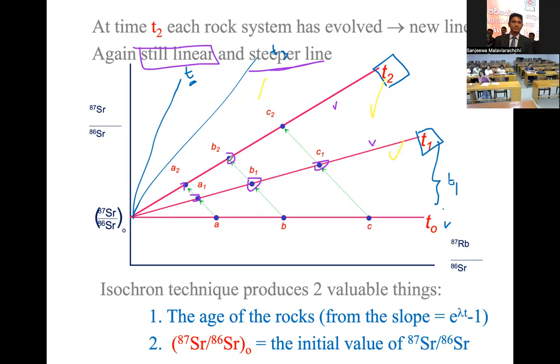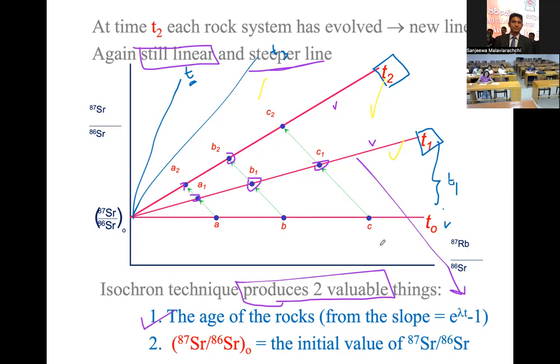So the essence of this technique is you are getting two valuable things out from this isochron technique. What? Number one is the age of the rock, which corresponds to the gradient of this particular line, m, which is equal to e^(λt) minus 1, right?